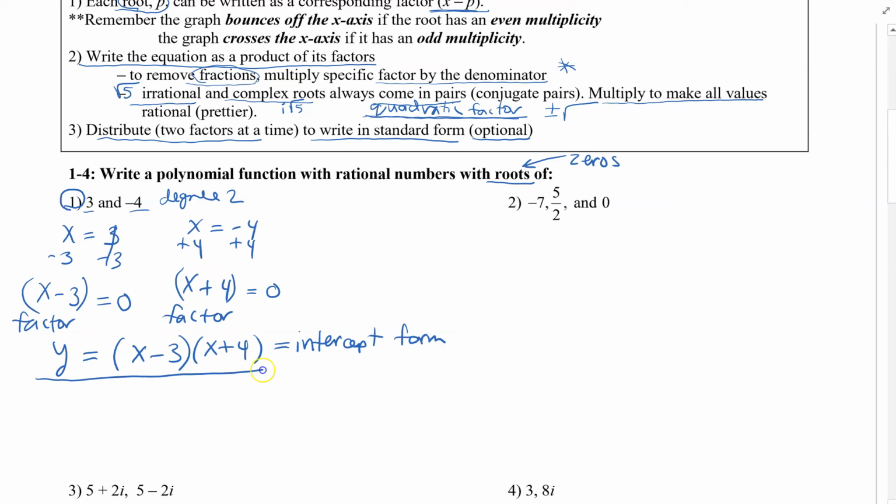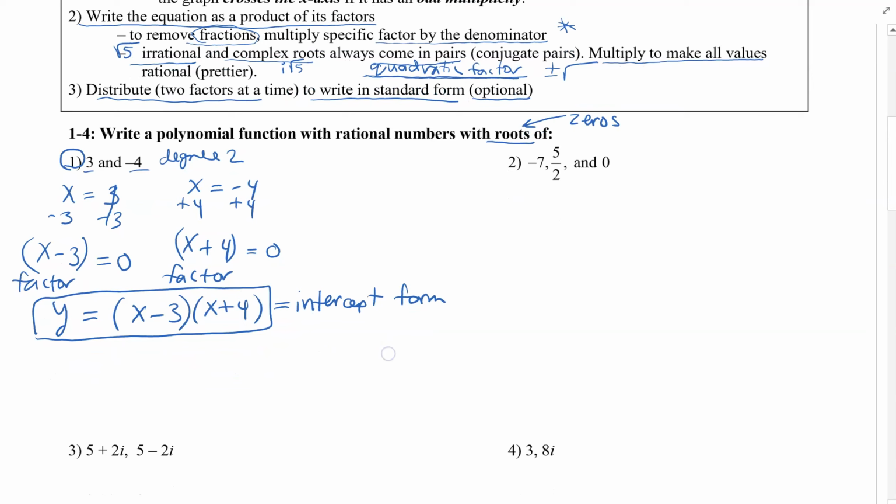So this is the equation. You just literally write it as a product of the two factors that must have been set equal to 0 to create these roots or zeros. Now, for the sake of just learning and seeing connections, I'm going to go ahead and FOIL this out so you can also see what the standard form equation would be.